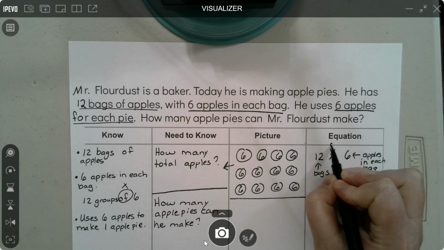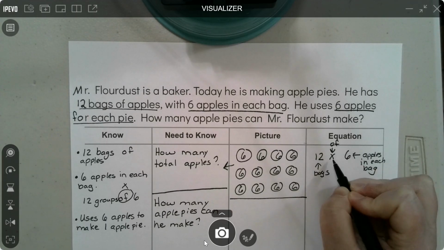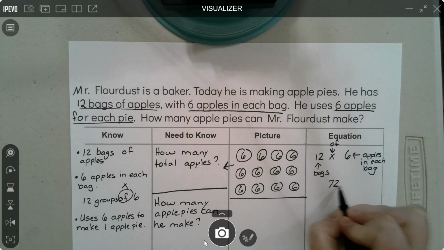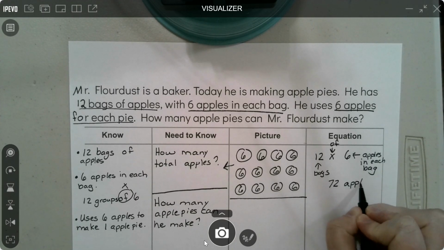This is of. 12 bags of 6 apples in each bag. Well, what's 12 times 6? 72. So there's 72 apples.